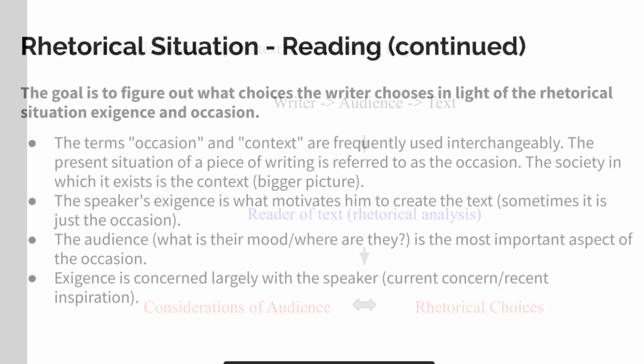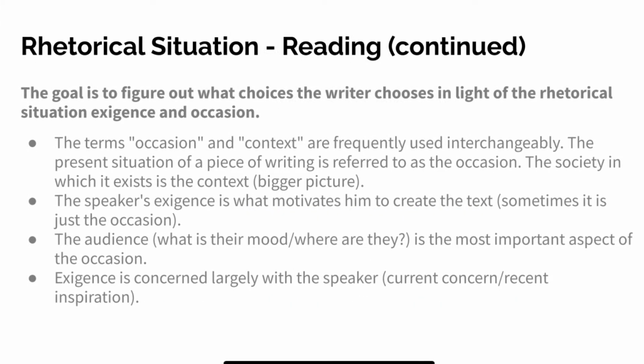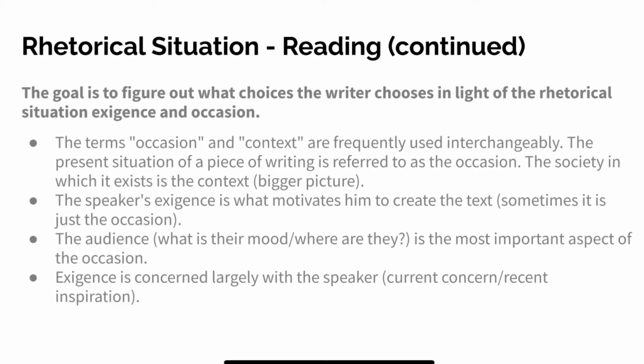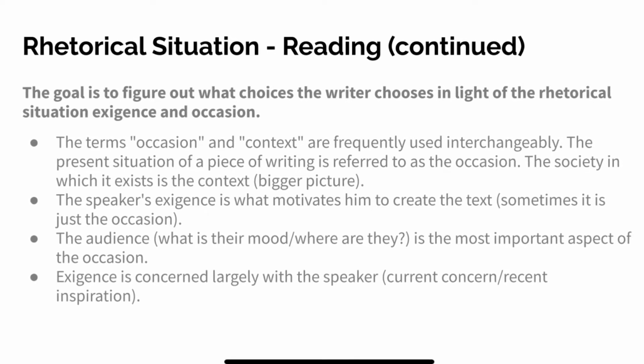Next, to continue with rhetorical situation reading, the goal is to figure out what choices the writer chooses in light of the rhetorical situation, exigence, and occasion. The terms occasion and context are frequently used interchangeably. The present situation of a piece of writing is referred to as the occasion.